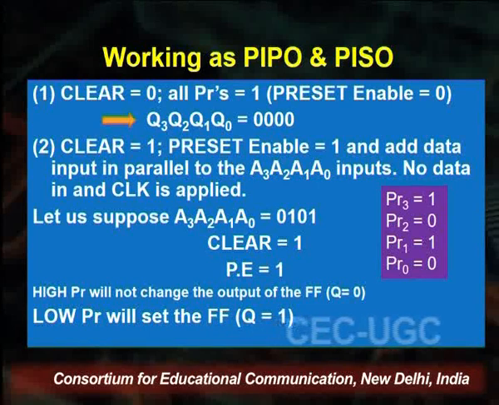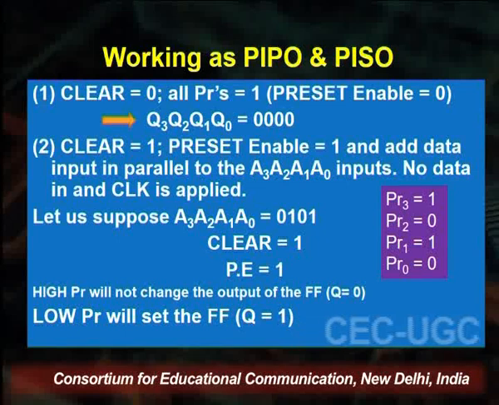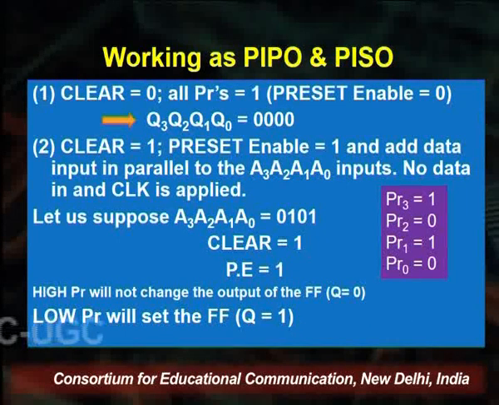It is important to note that because of the bubble, the data A3, A2, A1, A0 is 0101. However, it is fed into the flip-flops as 1010 because of the presence of the NAND gate. Now a low preset will set the flip-flop, as one can see from the circuit.